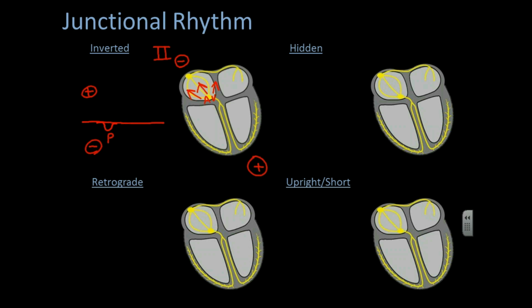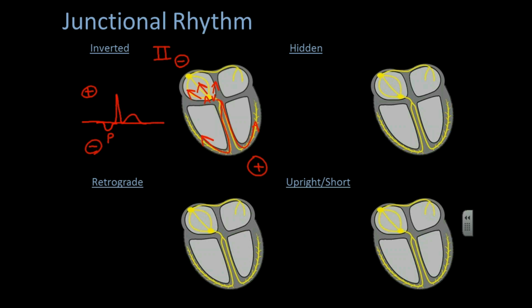Now, ventricular depolarization happens the same way it would in sinus rhythm, as we just mentioned before. So it travels down towards the positive electrode, resulting in a positively deflected QRS.